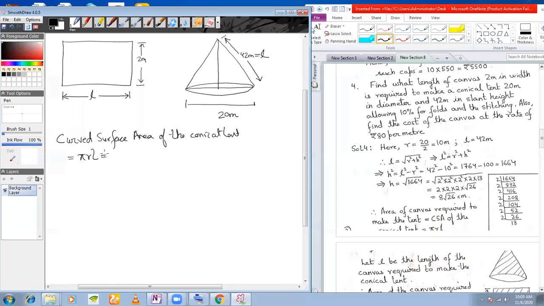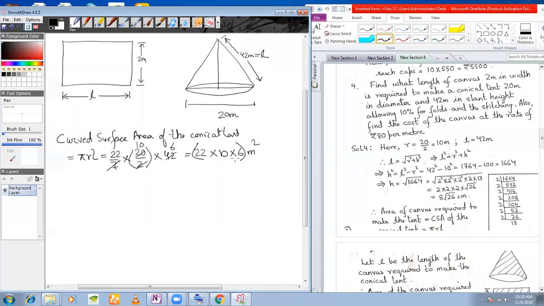Now put the values: 22/7 into R. The diameter is 20, so the radius is 10, 20 by 2, and the slant height is 42. So this will cancel with this, and this will cancel here. We are getting 22 into 10 into 6. This is the canvas that is required to make the tent.